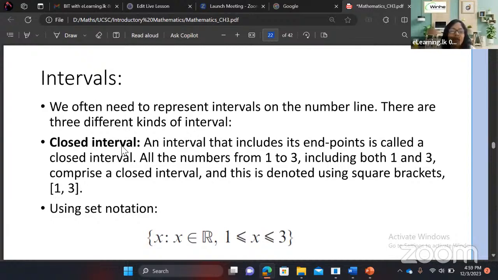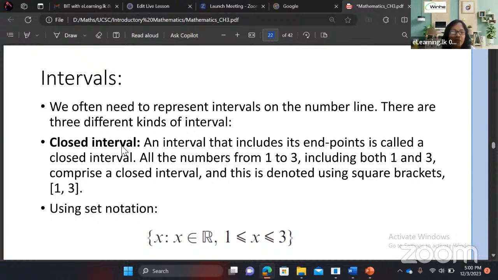So an interval can be a closed interval, an open interval or a semi-closed interval, right? Closed interval means the number is showing within the range, and the lower and upper values can also be equal.